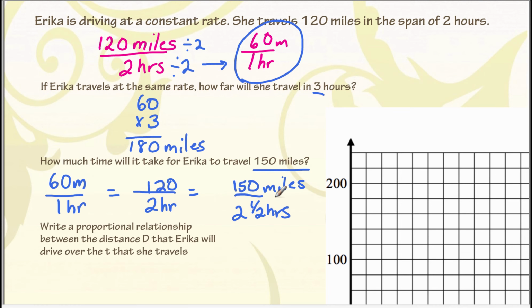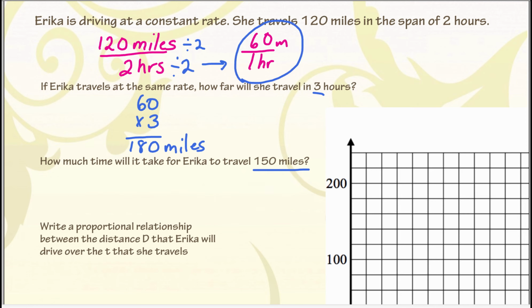Or if we looked at it in terms of writing it as a direct proportion, y is some constant times k. Well, my constant is 60 miles per hour. And that gets my distance.